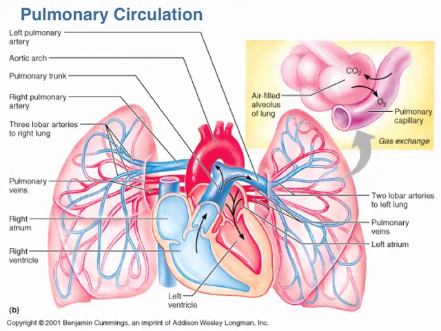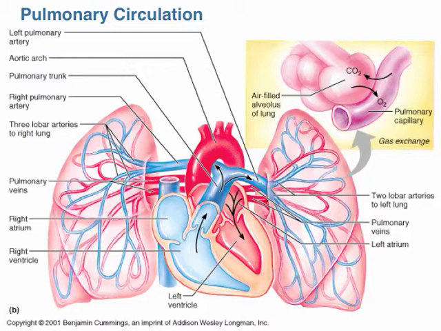This is a cartoon of the pulmonary circulation. If you look at the heart part of the cartoon, you find the right atrium and the right ventricle, and you can see that from the right ventricle, the oxygen-poor, CO2-rich blood, or blue blood, flows through the pulmonary trunk into the right and left pulmonary arteries, because remember, arteries always leave the heart and veins always bring blood back to the heart.